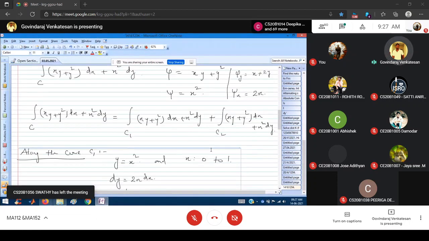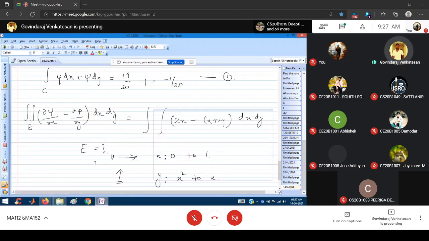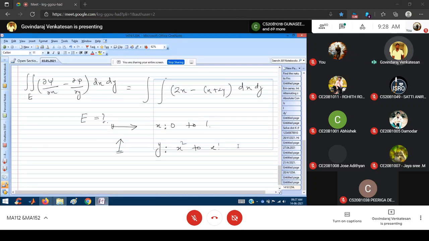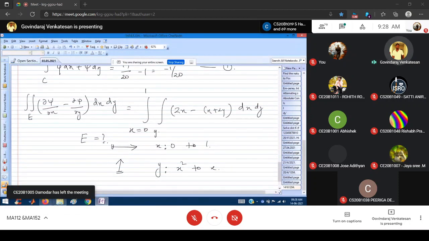So x varies from 0 to 1, and y runs from x square to x.